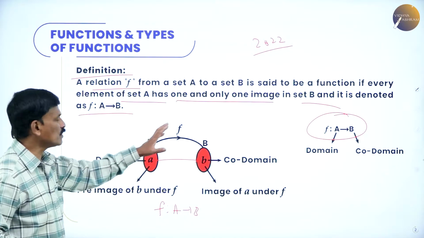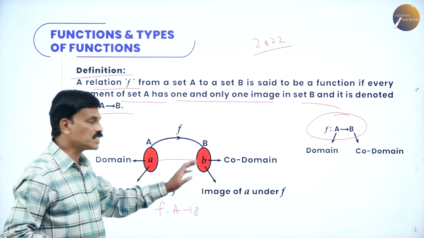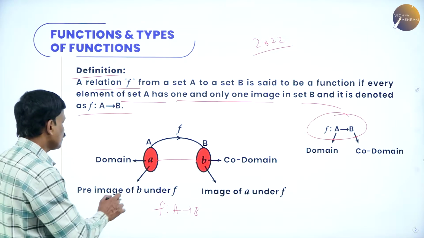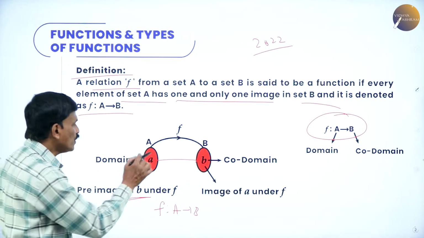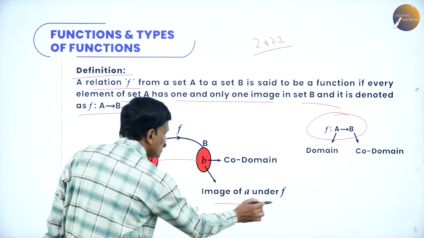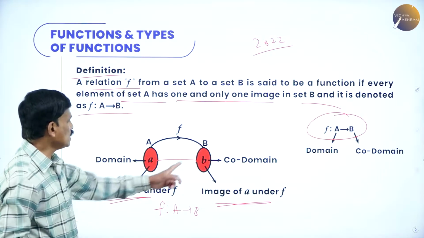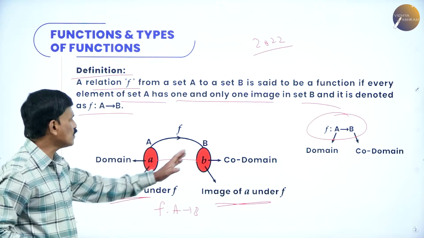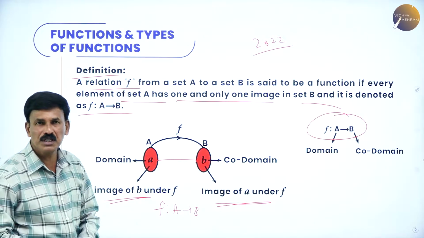So here a is called the pre-image of b under f, whereas b is called the image of a under f. That means b is the image of a under f, whereas a is the pre-image of b under f.